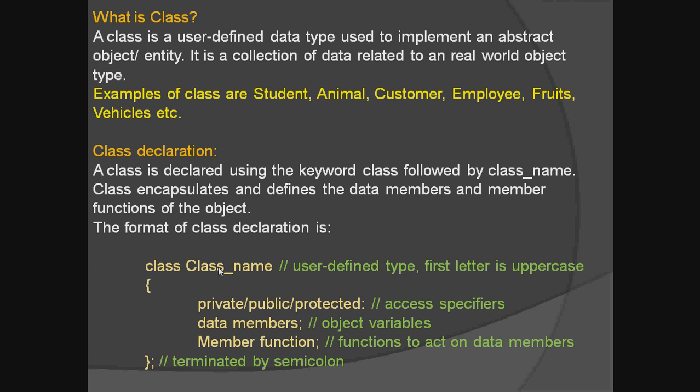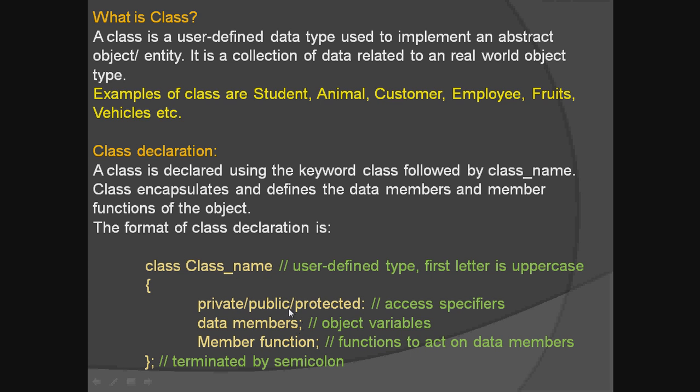So in order to differentiate, the first alphabet of the class name is uppercase, in capital letter. Anything that is enclosed within the opening and closing braces are the members of the class, or the members that belong to the class object.